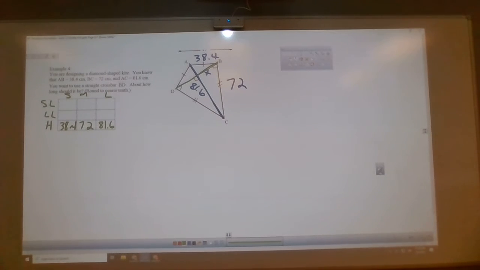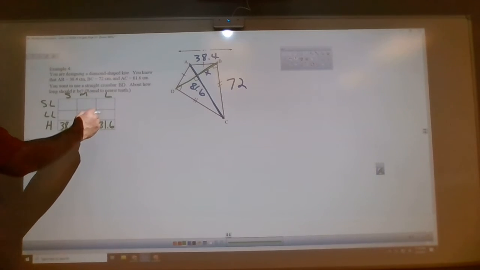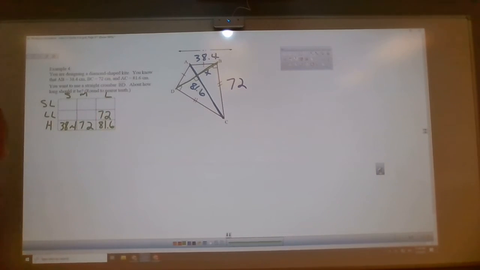Okay. The long legs, the long leg of the big one is 72. What's the long leg of the small triangle? X. We have our crisscross. We got it, don't we?